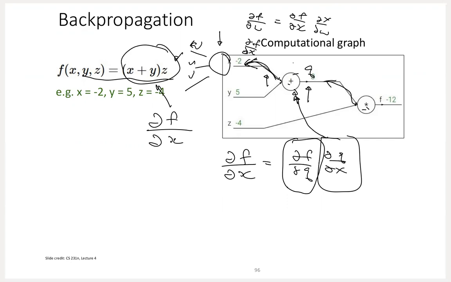So partial F partial X is just passed backward from the later layer and multiplied by this local gradient here.